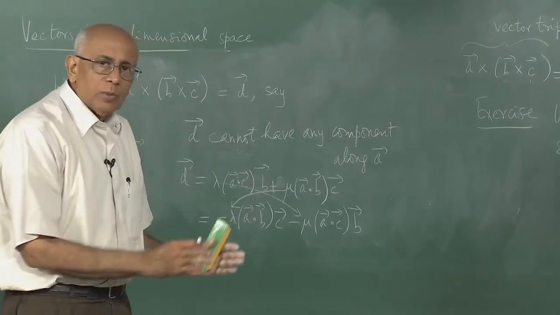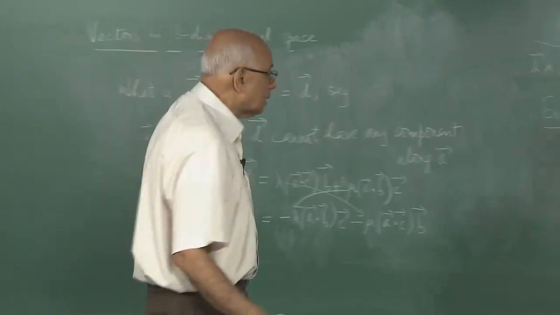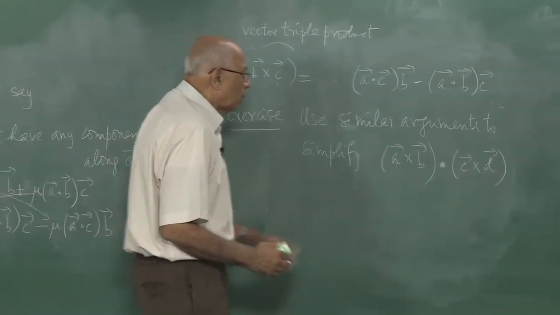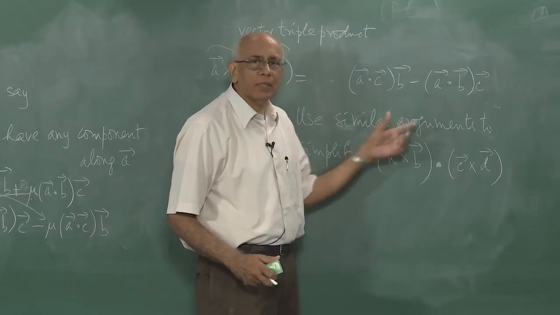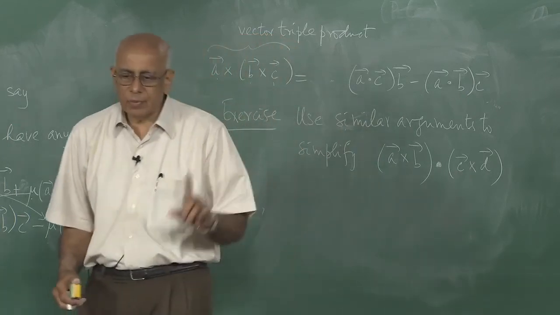Find the vector A cross B, find the vector C cross D and take the dot product between the two. It is a scalar of course, and find what this is, and you get a formula similar to this except it is for scalars. This number here is a scalar, and use exactly the same sort of argument.